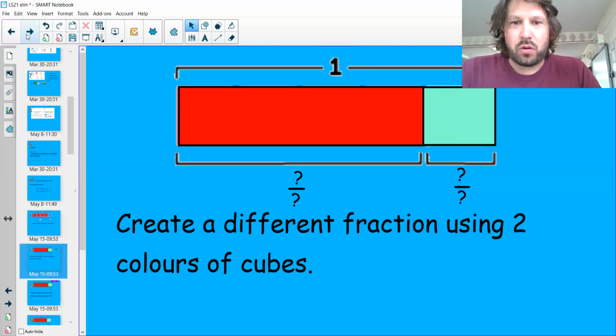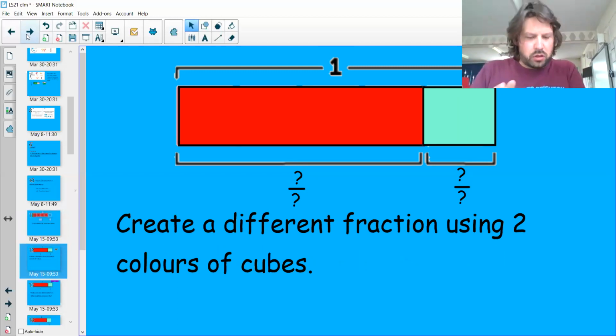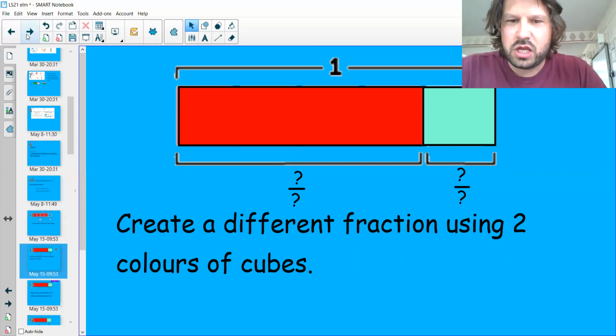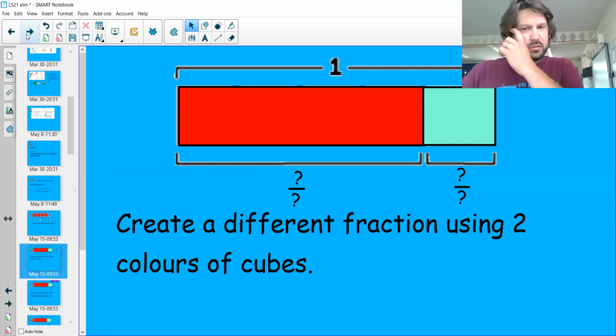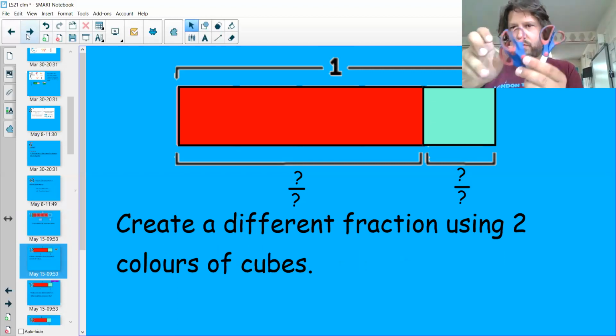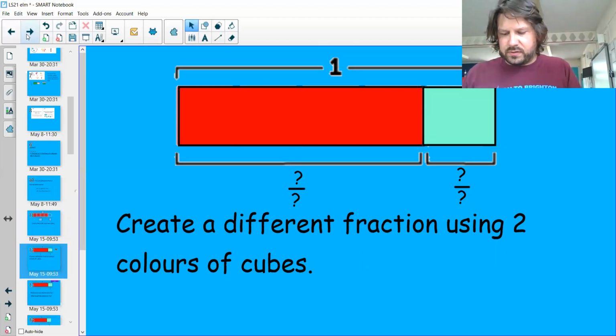Okay. So now what I'd like to do is the same idea, but this time you use the concrete resources, and you're going to create a different fraction using 2 color cubes or items. So this time I'm going to use 3 blue pairs of scissors.